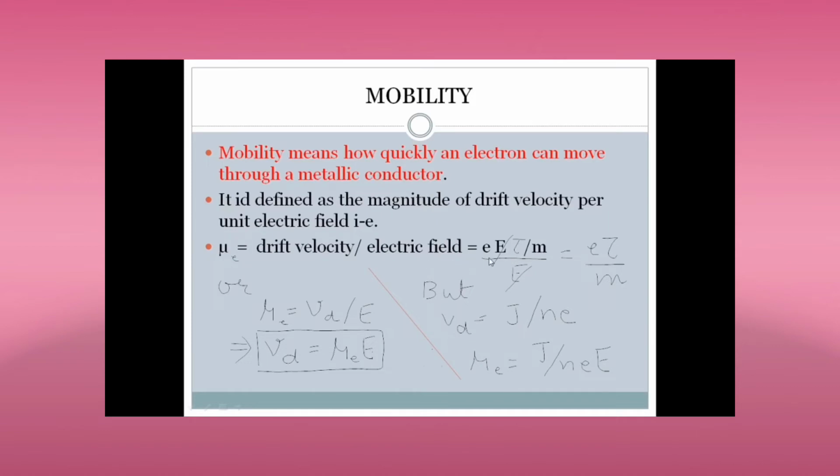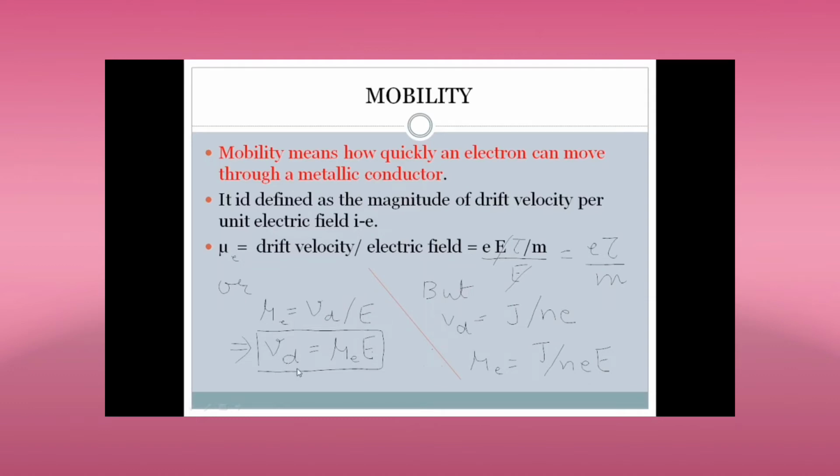Putting the value of drift velocity, it is e, charge on electron, E, electric field, tau, relaxation time, upon m, then upon electric field. You will get the final expression: charge on electron, relaxation time upon m, that is e tau upon m. Or the mobility of free electrons is also equal to drift velocity upon electric field.